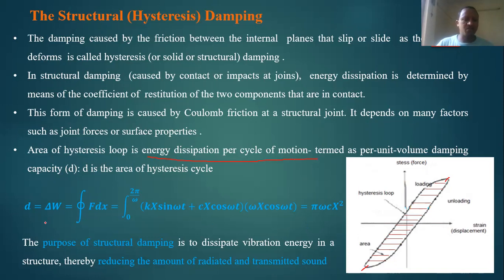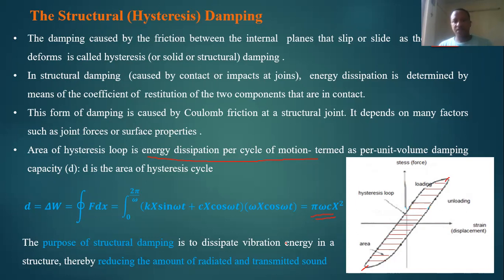So D is equal to delta W, where delta W is equal to pi omega C x square. It seems the same as the previous Coulomb damping case, but we'll see how it is different from the previous condition, not Coulomb but the viscous damping case.